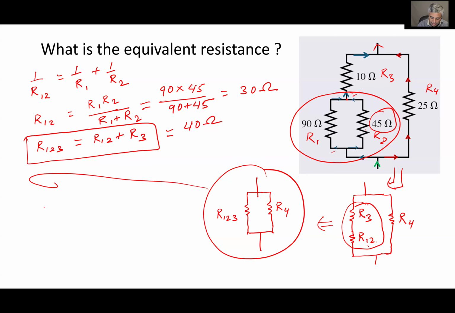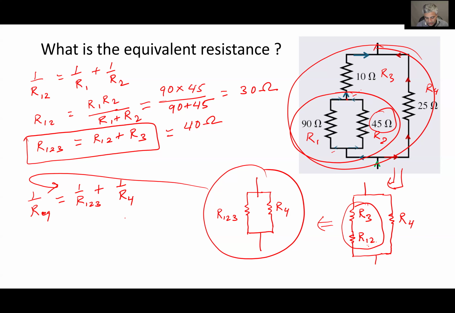For this circuit now, I can write 1 over R equivalent, because that's going to be the overall resistance of the whole combination, right? So I can write that as 1 over R123 plus 1 over R4.